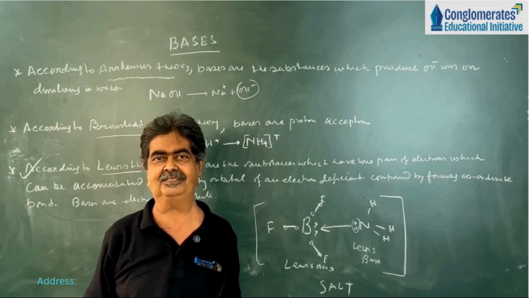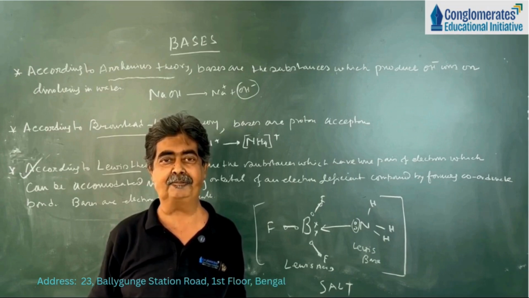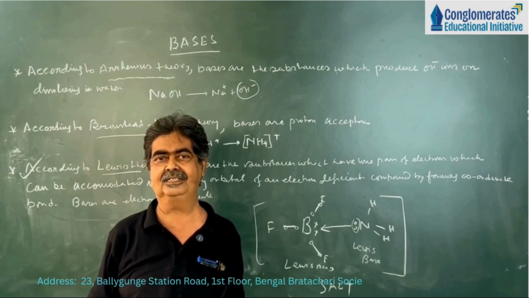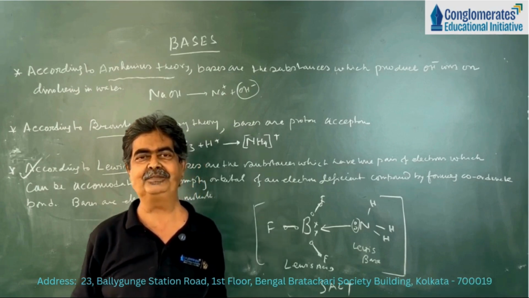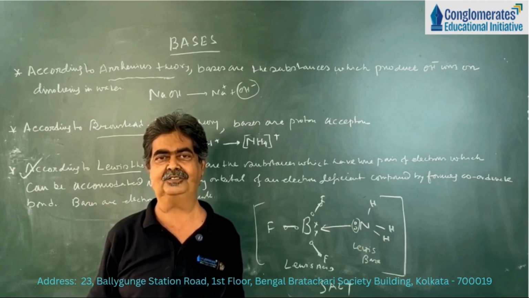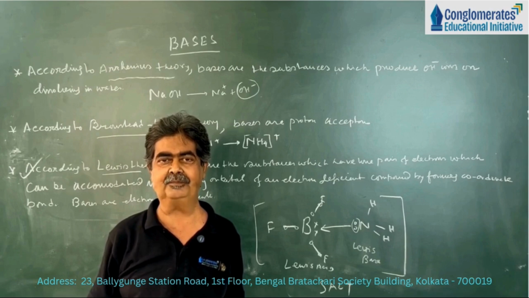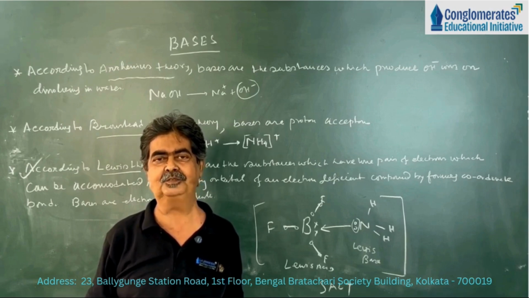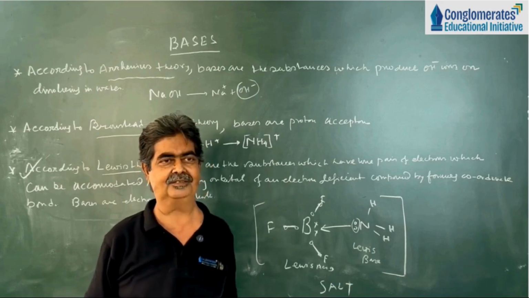I repeat, strong bases are the bases which ionize completely, not partially. And weak bases, when they dissolve in water, form less hydroxyl ion, they partially ionize to form respective cation and hydroxyl ion.